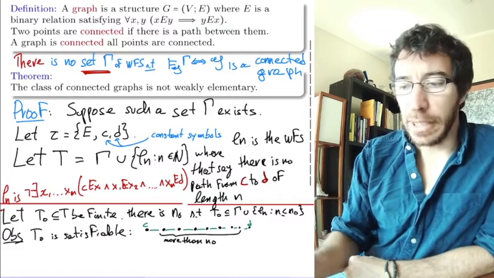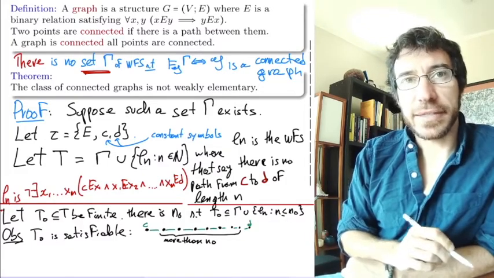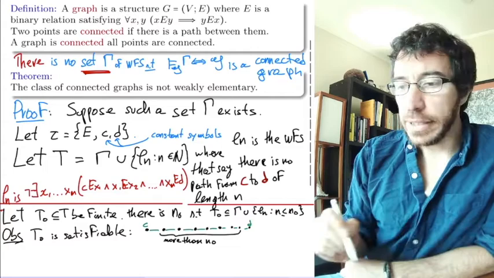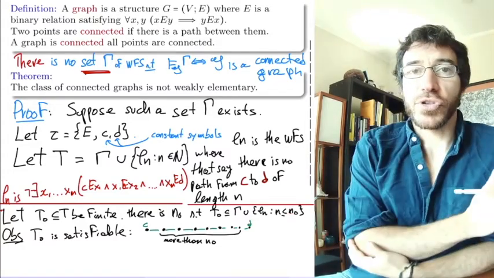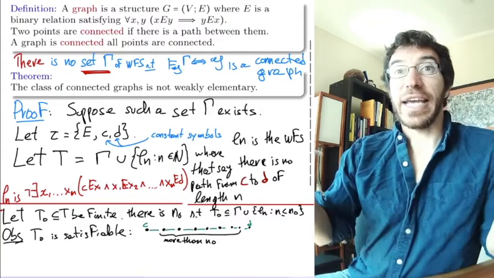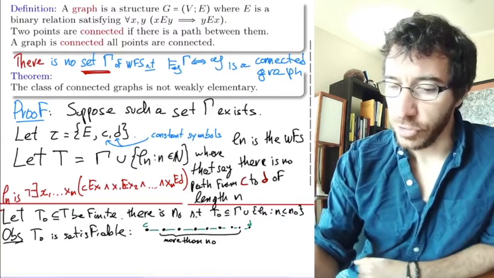Okay, so every finite set of these is satisfiable by a model like this, right? And the larger the n0, the larger the model we're going to need. So we're not going to be able to have a connected graph that satisfies all of these at the same time, of course.